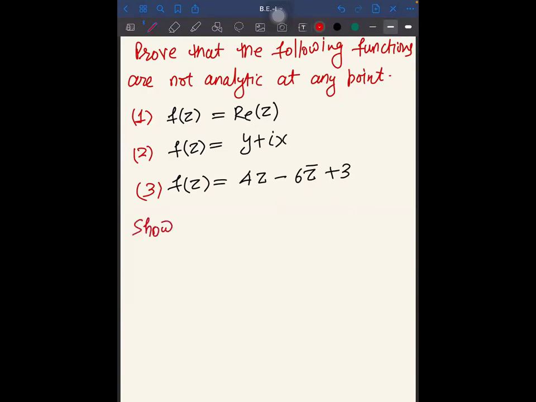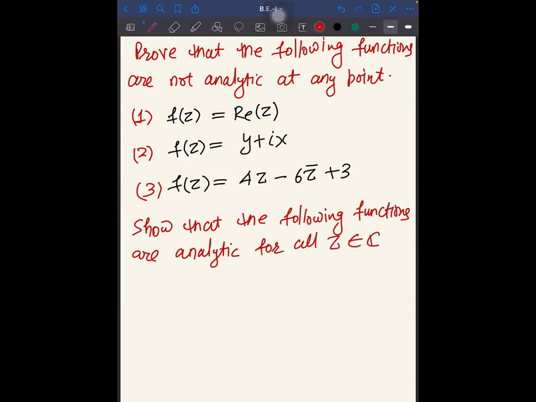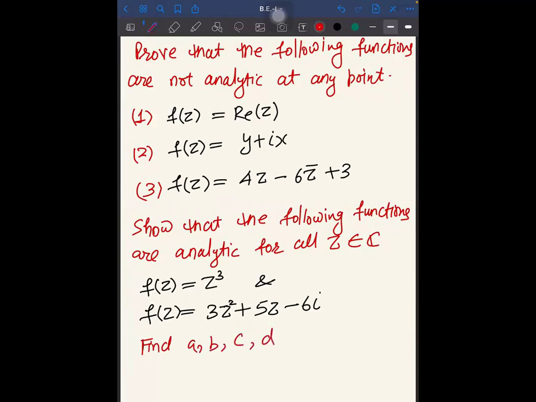Show that the following functions are analytic for all z belongs to C. And next, find A, B, C, D so that the following functions are analytic.